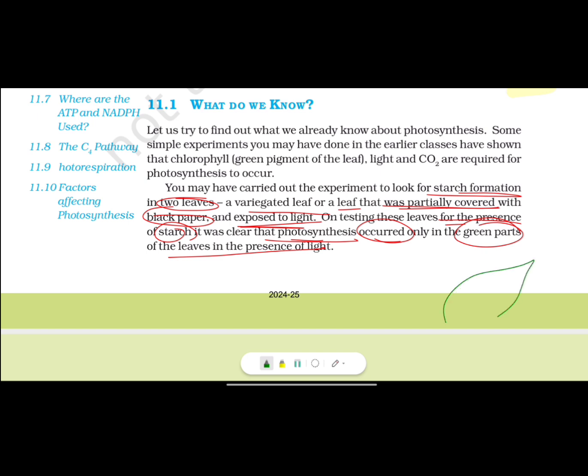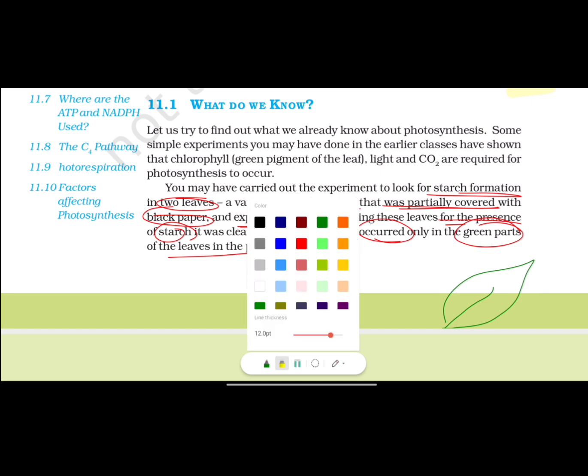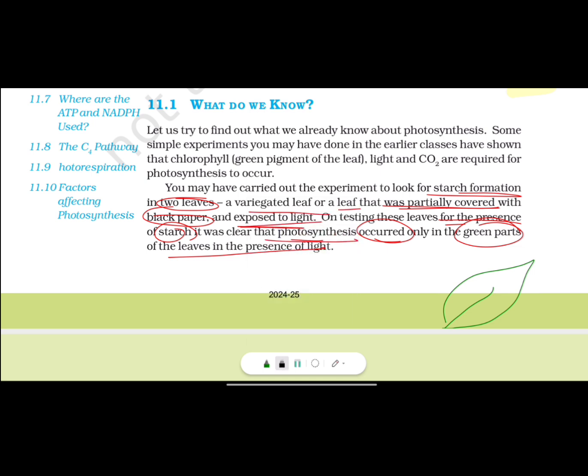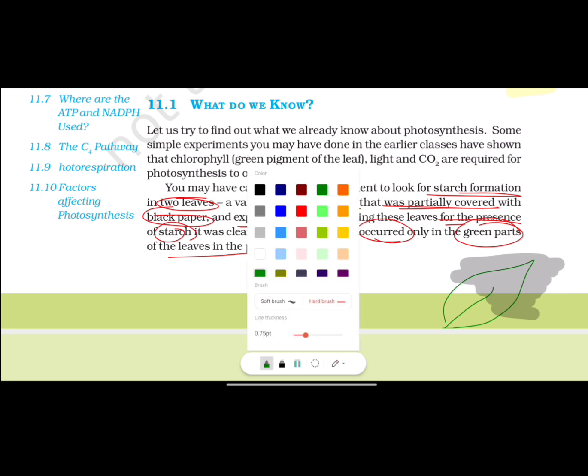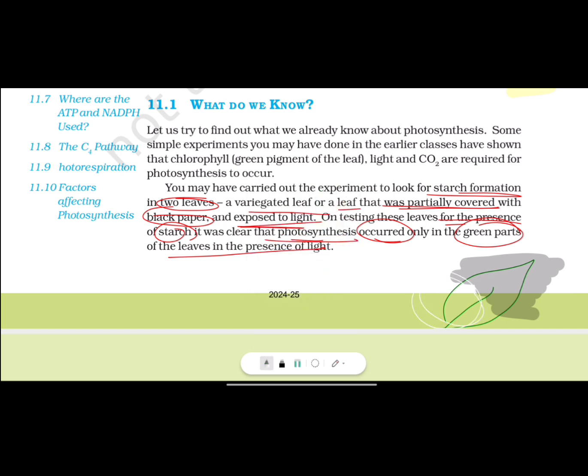Now let's consider a leaf. Okay, this is a leaf. I'm going to cover some part of the leaf with black paper or black cloth. As we have learnt, photosynthesis takes place only in the part that is exposed to the light. Why does photosynthesis not take place here? Because it doesn't have green pigment over here, whereas here it has green pigments.